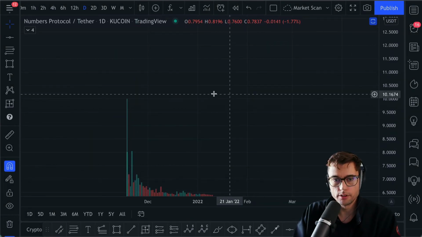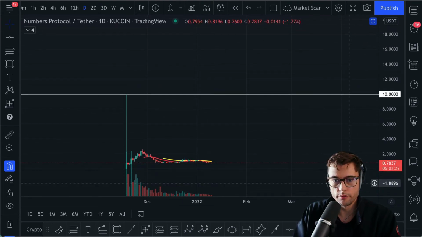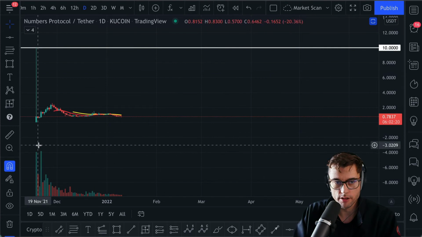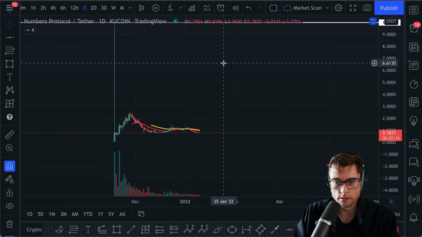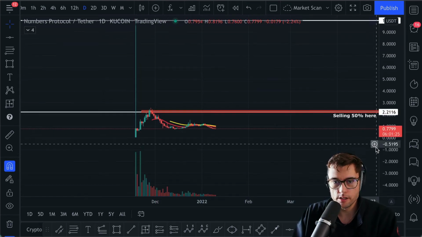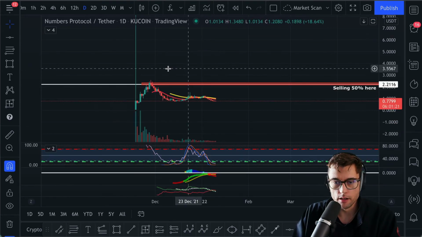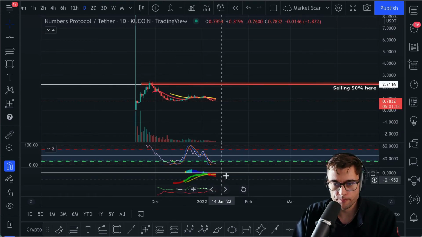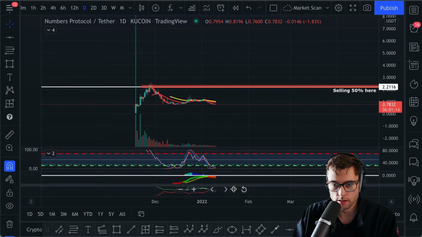Wow, what the heck? This is insane. Look at that. $10. So it started off at $10 on KuCoin, and then obviously crashed all the way back down. So this one, let me do this real quick. There's really not much to do with this, but what I'm going to do is I'm going to sell 50% of it right here. And then the other thing I'm going to do, if I could just get this a little bit lower, right?